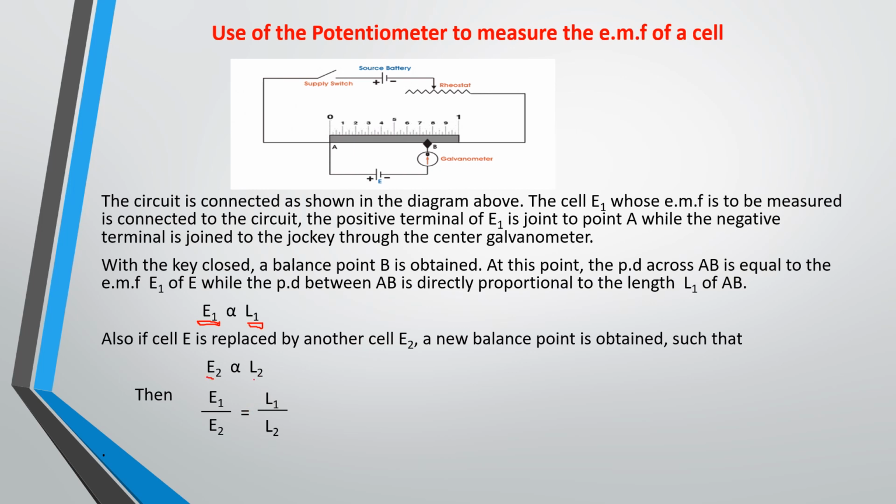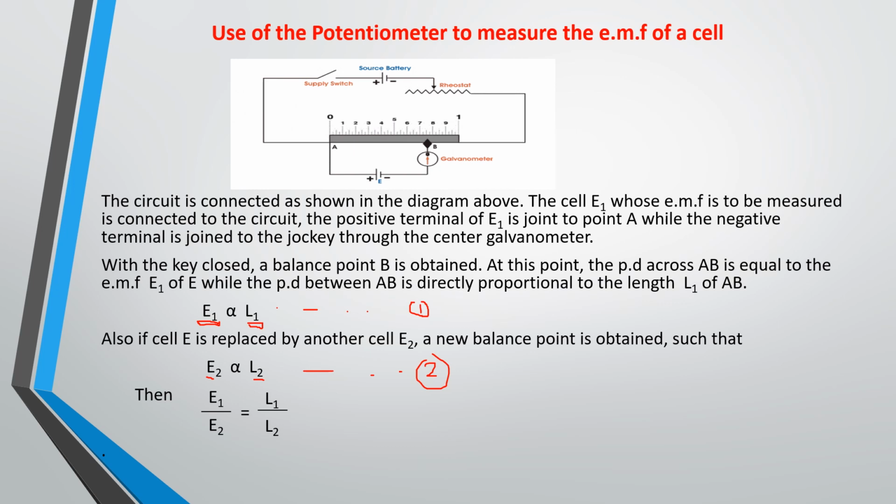If you arrange these two equations mathematically, you have that E1 over E2 is equal to L1 over L2.